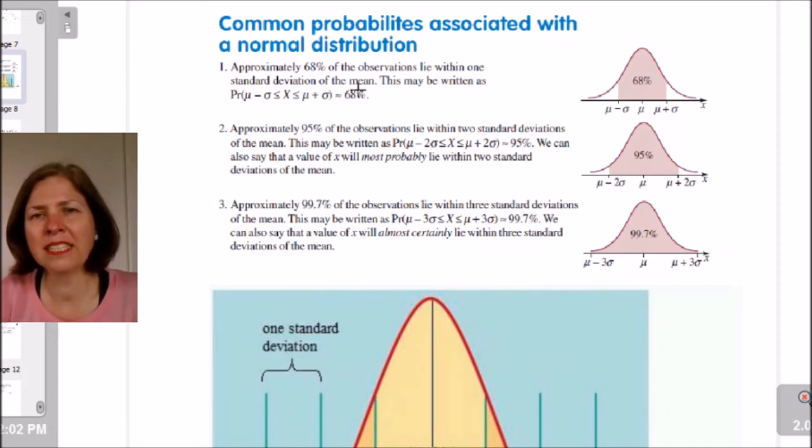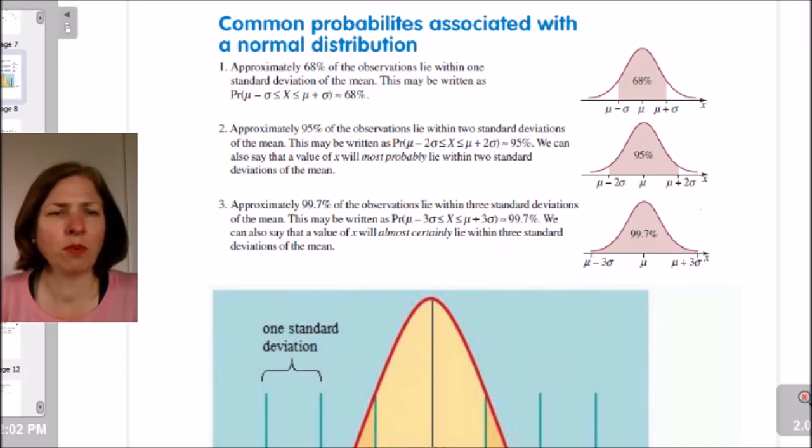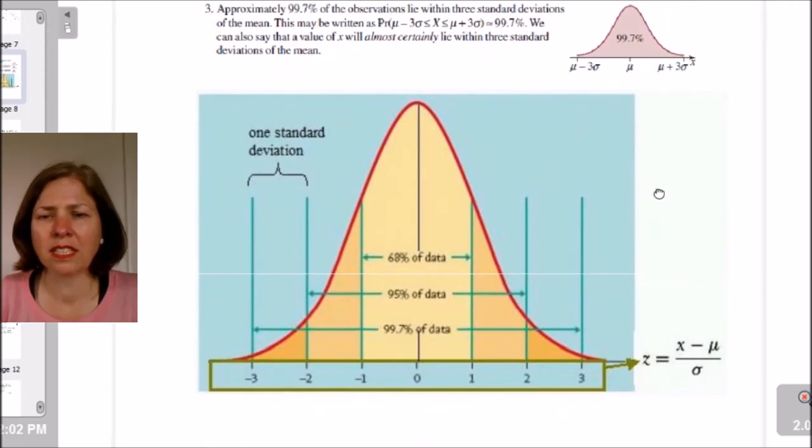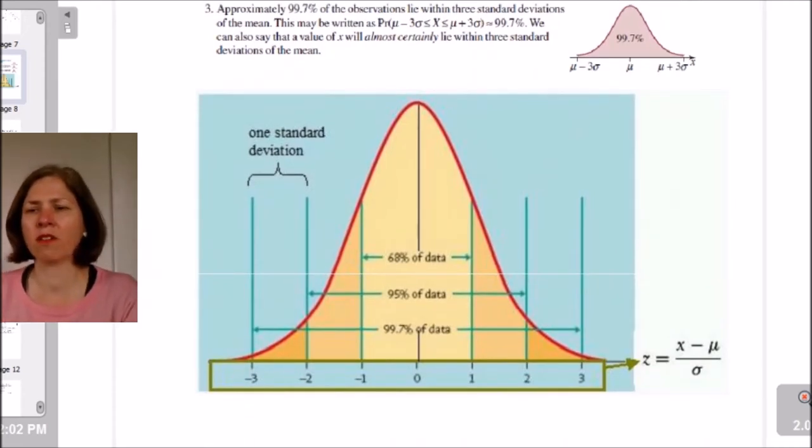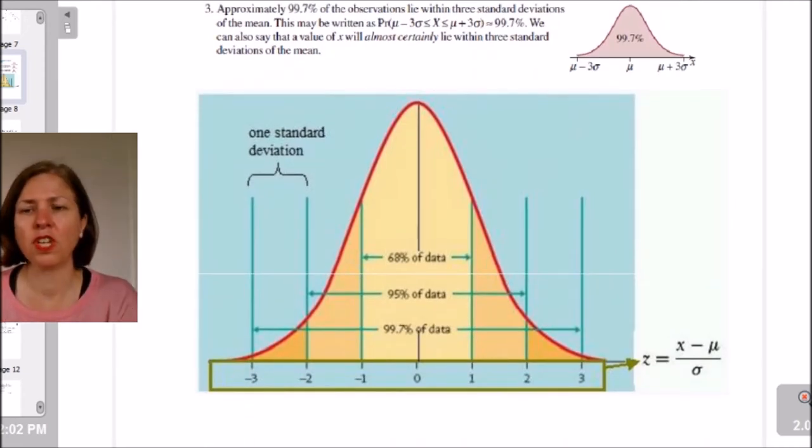Common probabilities associated with a normal distribution. 68% of values will fall in between 1 standard deviation, 95 in between 2 standard deviations, and 99.7 in between 3 standard deviations. And that's what that looks like here in the diagram. So you can have a look at that for yourself.